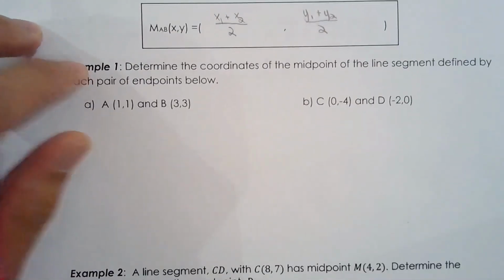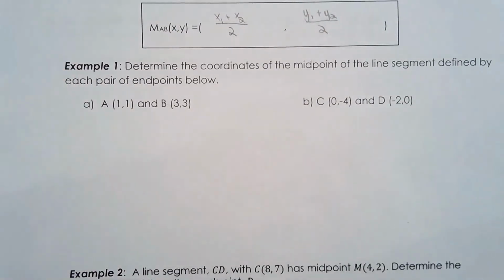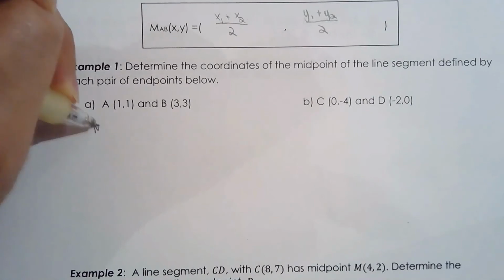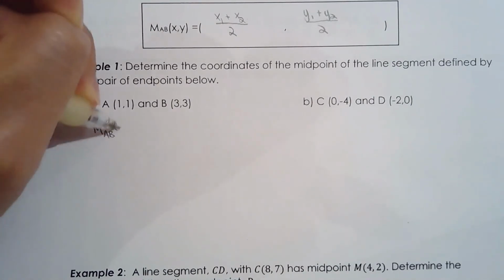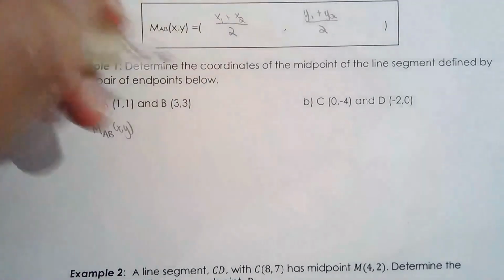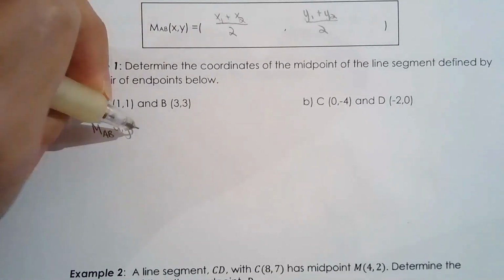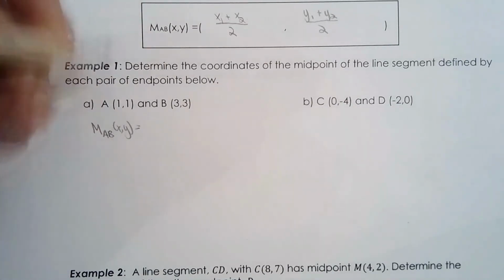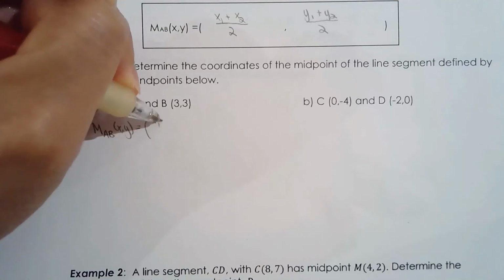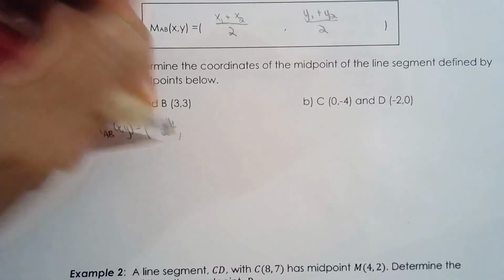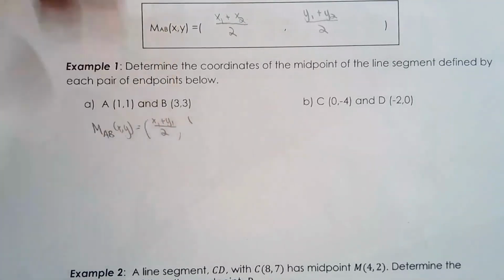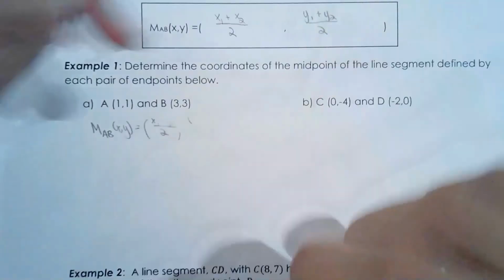Okay, so let's use the formula and do the work. So the midpoint of AB. The textbook's formatting is a little different, but this is just the notation I use. So the midpoint of AB is equal to, you know what? I'm going to write down the formula since we just learned it. Oops, and I got it wrong already.